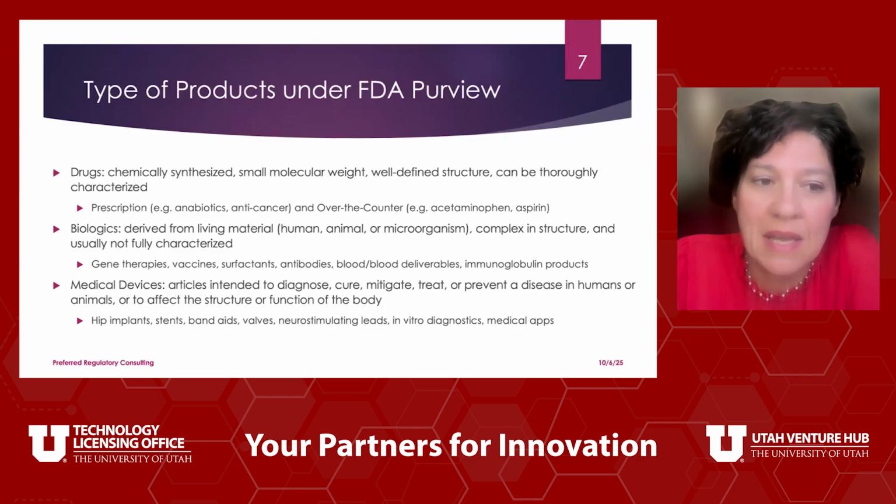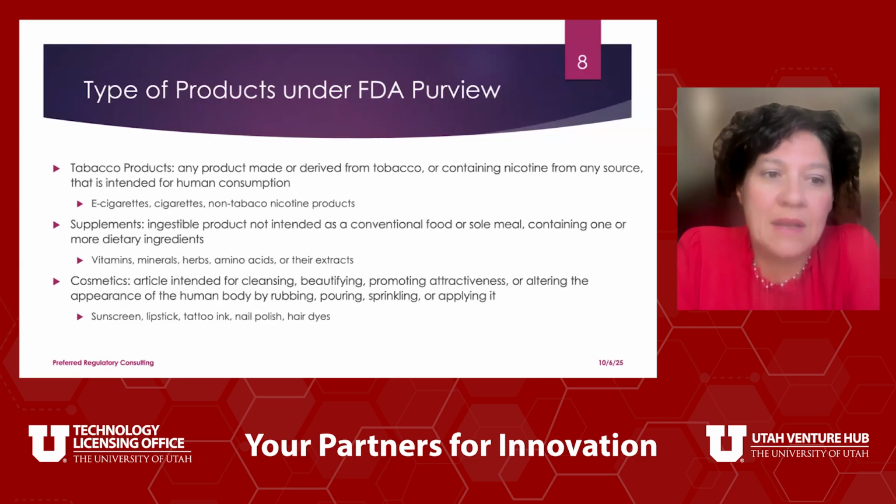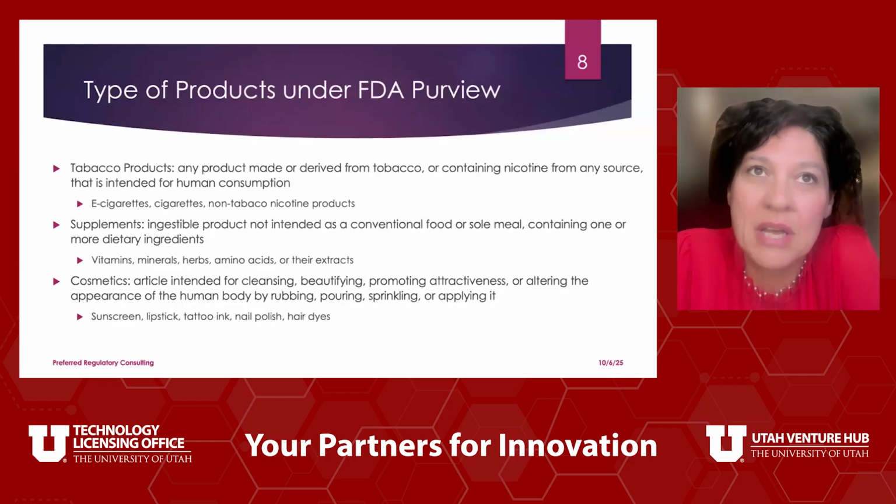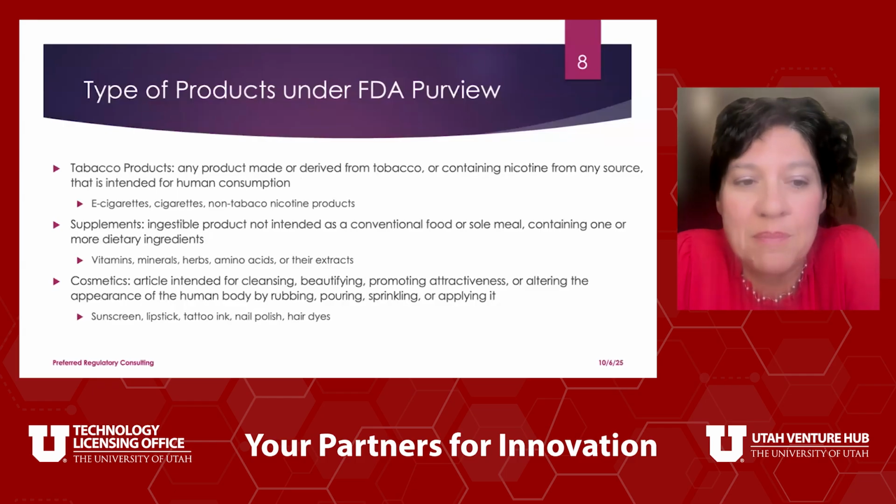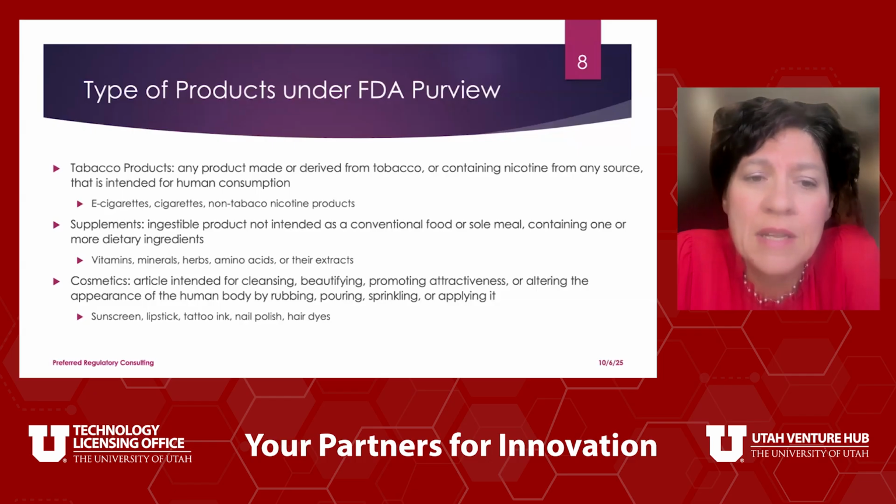Now, these are the main categories that we will discuss later today, but there are another 3 product types that are under FDA purview, and those are tobacco products. So pretty much any product that contains tobacco or nicotine is regulated by FDA.